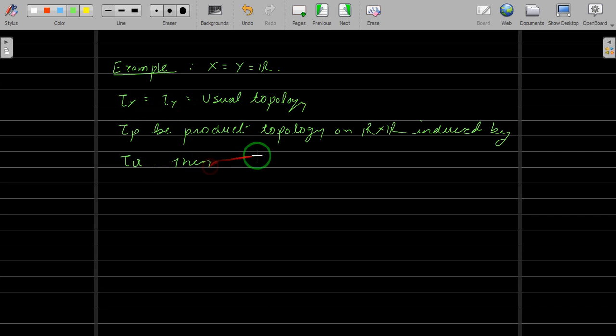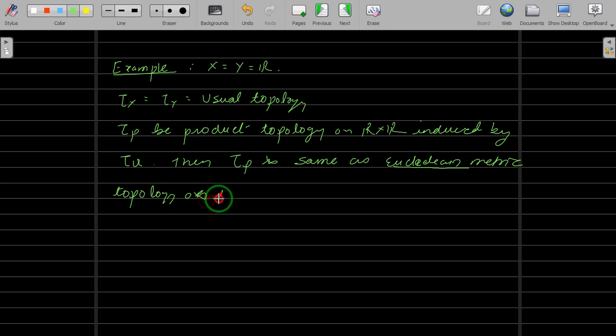Then tau P is the same as the Euclidean metric topology on R2.